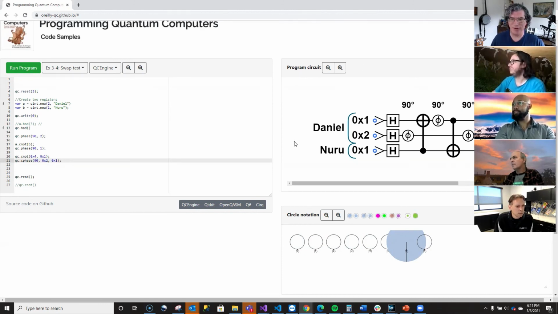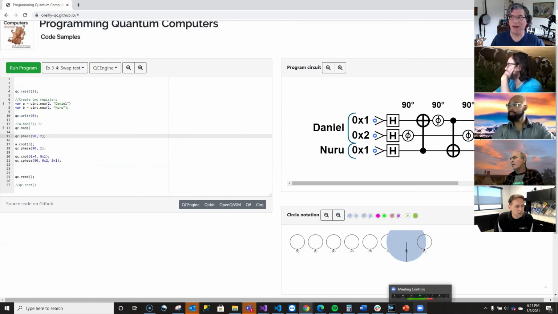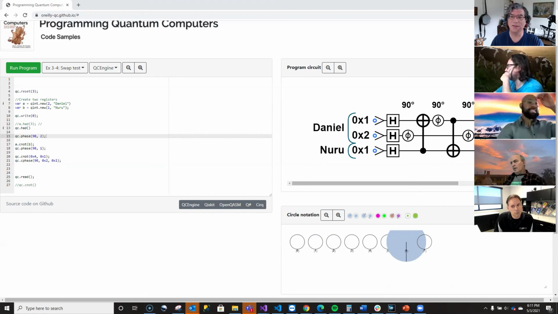You can look at that, and there is a QC phase where you give it 3 parameters. Oh, yes. There needs to be an output. You're very right.